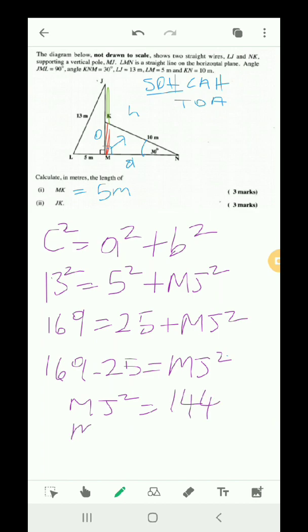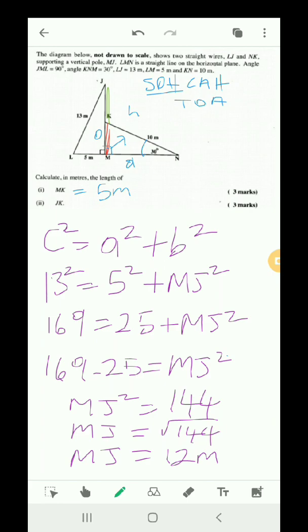So MJ is equal to the square root of 144. And the square root of 144 is 12. 12 times 12 is 144. So MJ is equal to 12 meters. Alright, good. So now we know what MJ is. We're almost at the end of the problem. So MJ equals 12 meters.